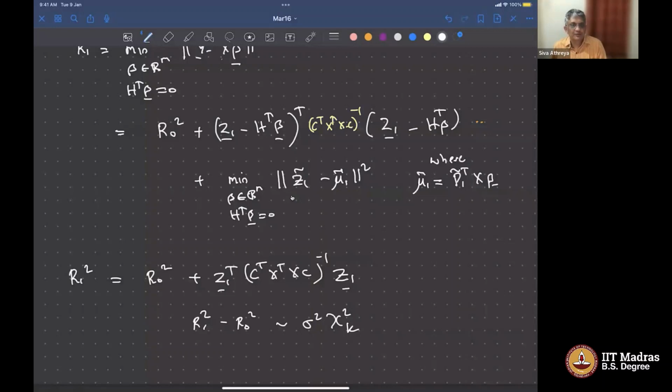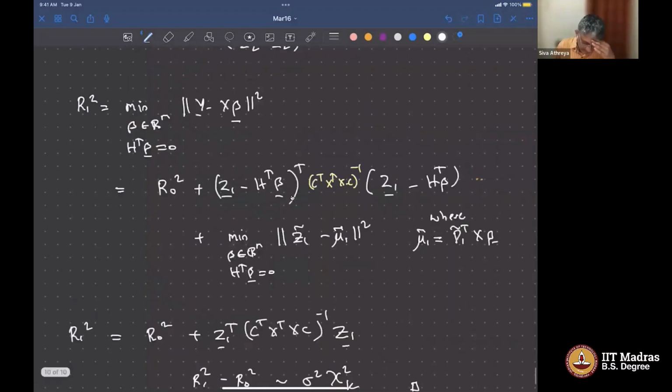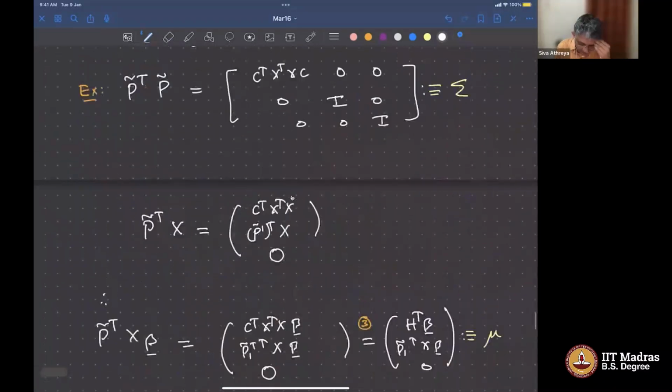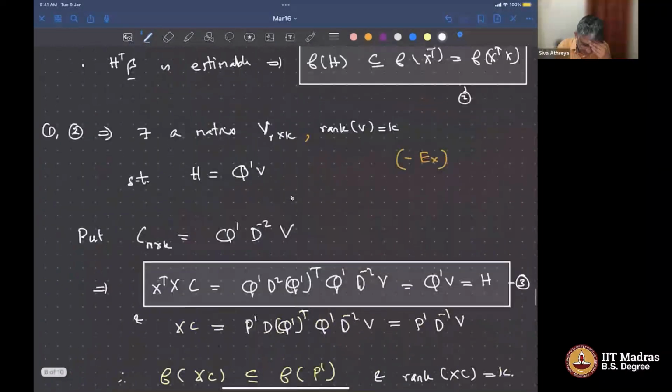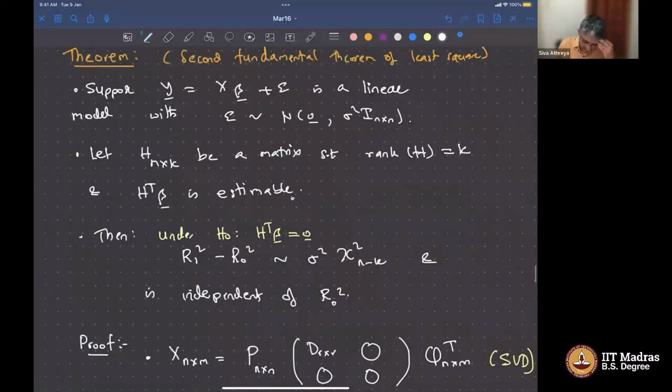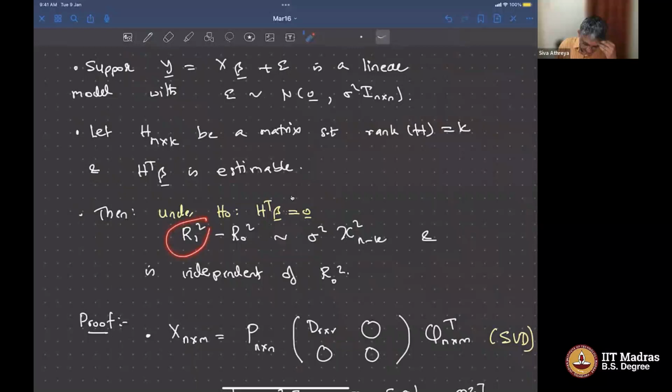So unfortunately, the proof is just linear algebra, and that's why it took so long to do it. The main thing to keep in mind is the second fundamental theorem: the distribution of the difference between the fit without H0 and the one with beta is going to be sigma squared chi squared.